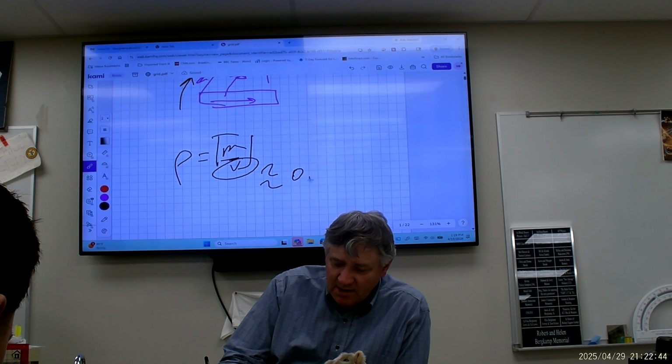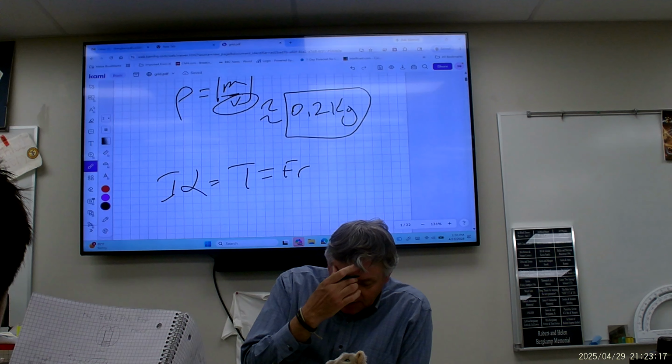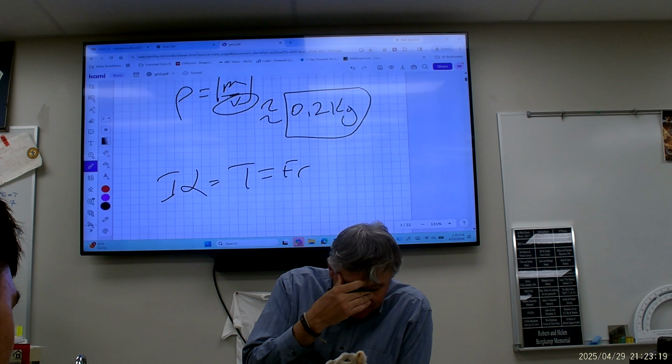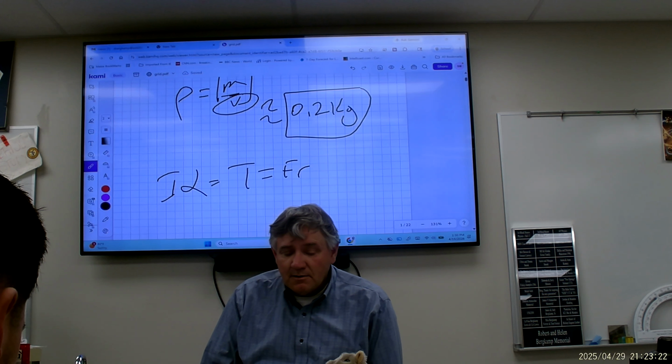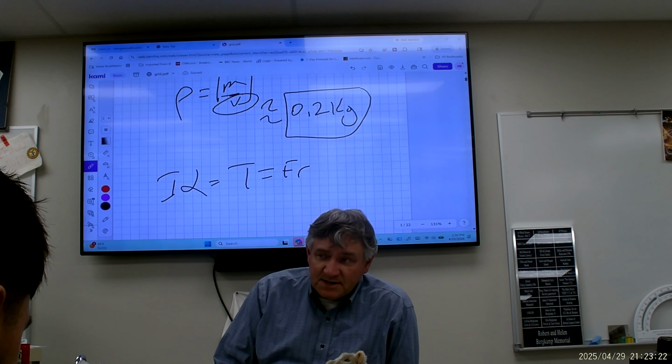Now, because you're making this thing spin, that means you have to apply a torque to it. And torque equals force times radius. To get the torque, that requires that you have a force. But to calculate the force, it means you have a current moving in a magnetic field.